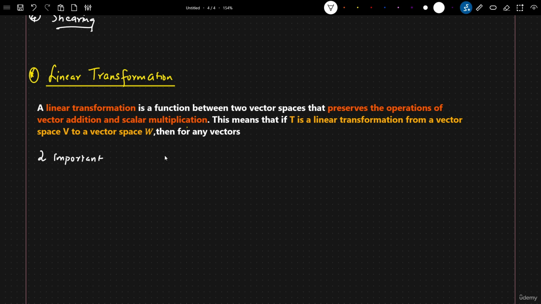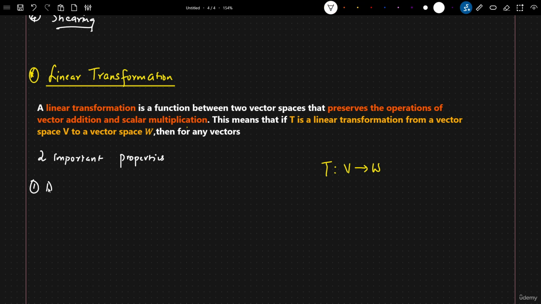So what is this definition basically saying? I will consider T as my linear transformation, which is transforming a vector V to W, if it holds these two important properties.